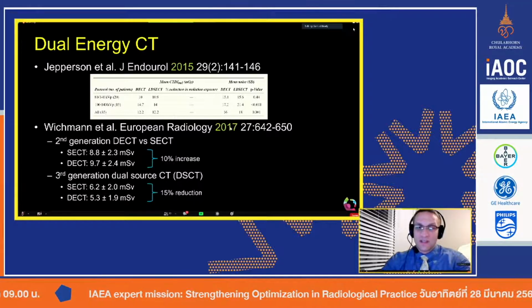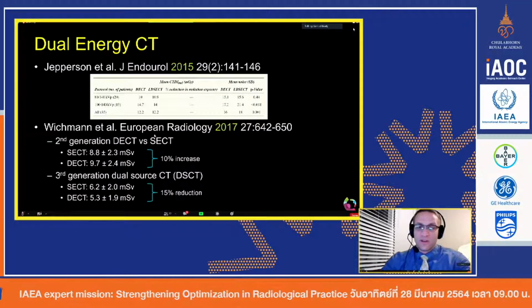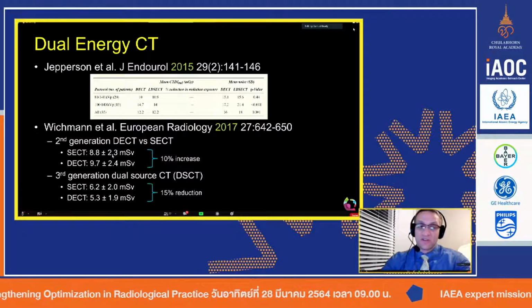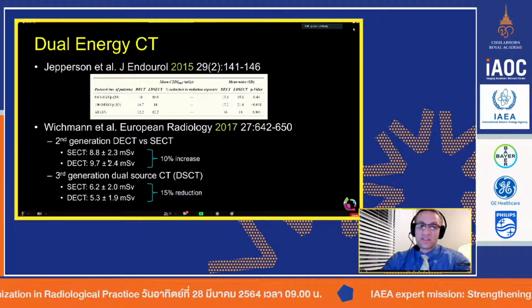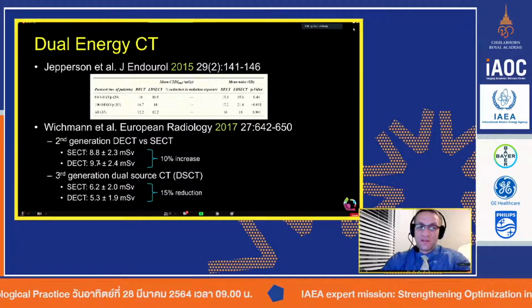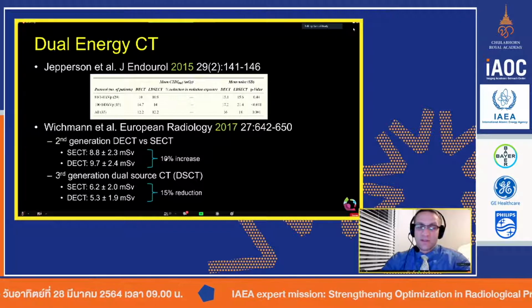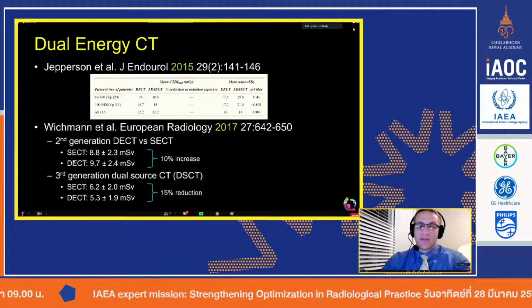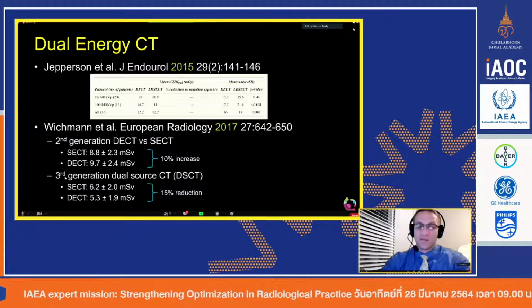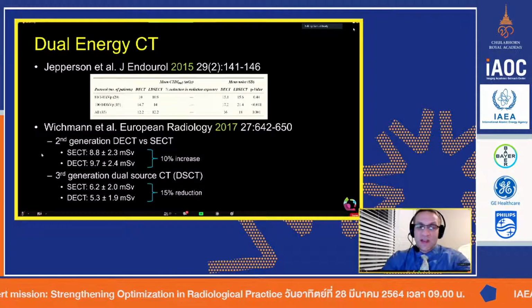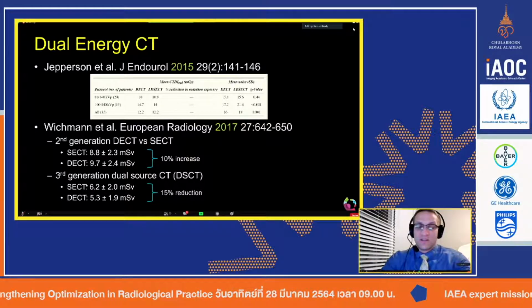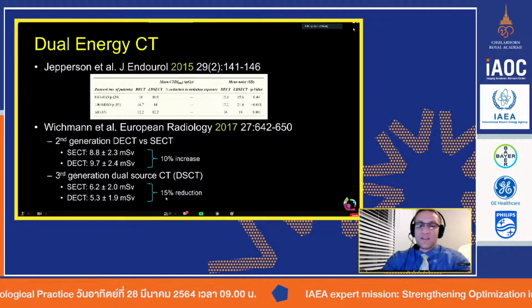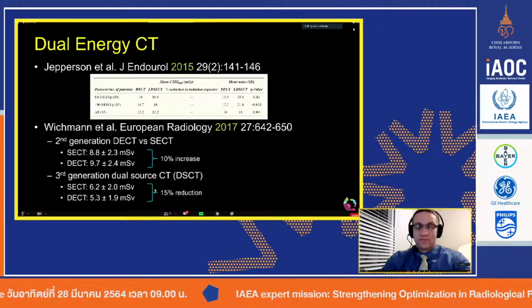In 2017, a paper out of the European Journal of Radiology found an older second generation dual energy CT scanner was still slightly higher in dose than the single energy. It was about 10% higher. But in that same publication, they looked at a third generation, the most advanced dual source CT scanner they had, and the single energy was actually higher than the dual energy. The dual energy represented a 15% reduction to patients.